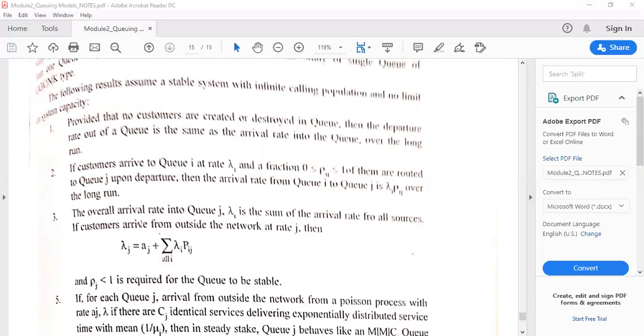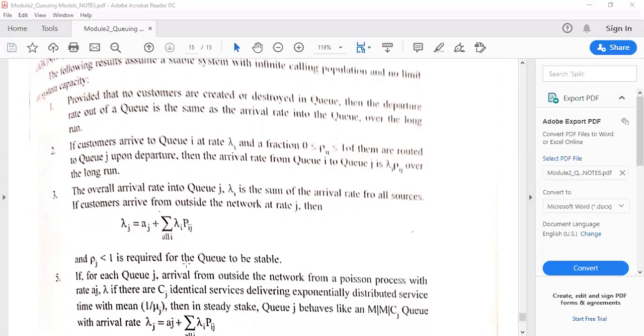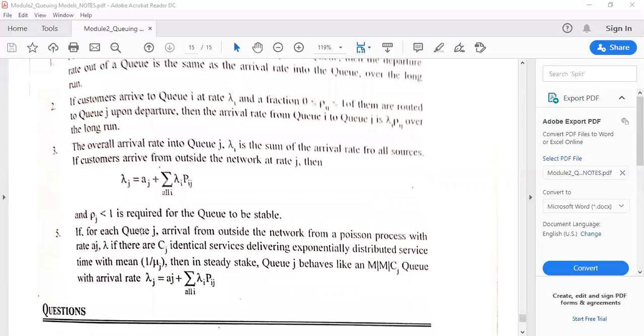So lambda j is equal to Aj plus sigma over all i of lambda i P ij. Next, if for each Qj arrivals from outside the network follow a Poisson process with rate Aj, and there are Cj identical servers delivering exponentially distributed service times with mean 1 by mu j, then in the steady state Qj behaves like an M/M/Cj queue with arrival rate lambda j equal to Aj plus sigma over all i of lambda i P ij.